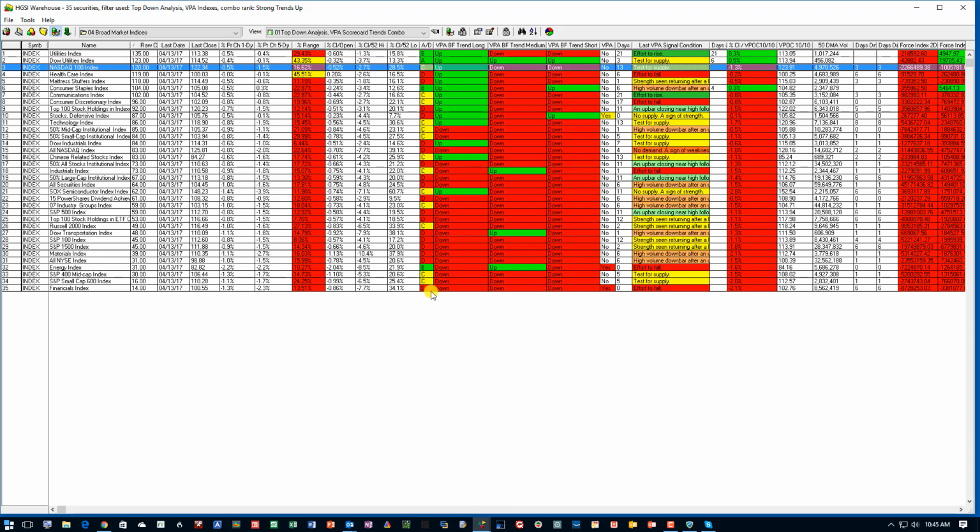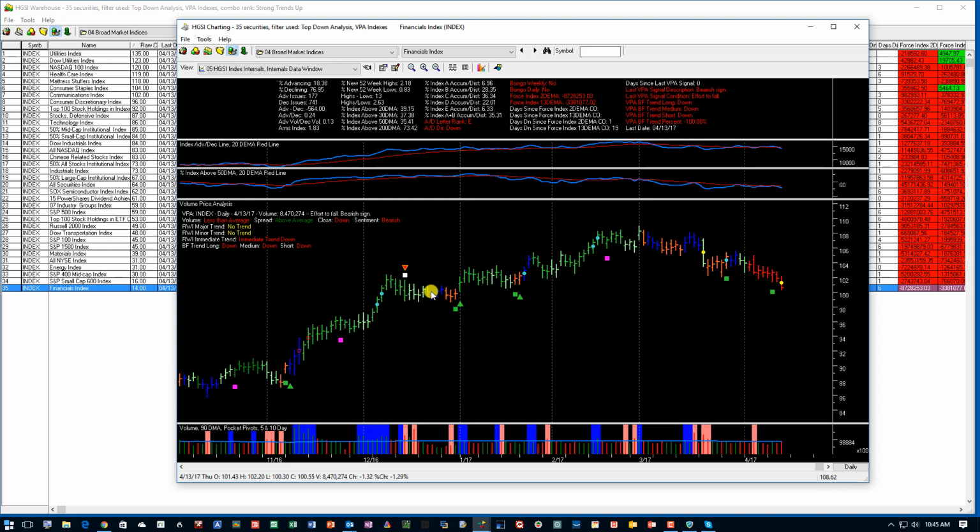Now remember, this Trump rally began with the financials, and if you look at the financials, you can see that this is clearly deteriorated. Its high was back here, looks like on the 1st of March, and it has been drifting down since.